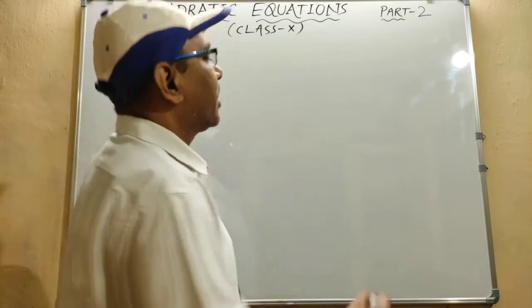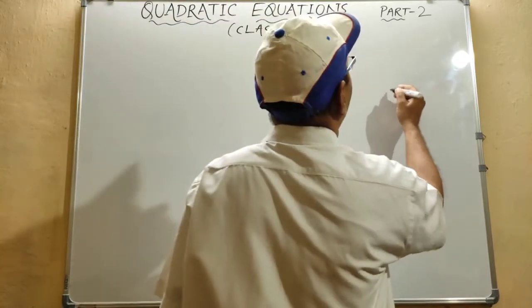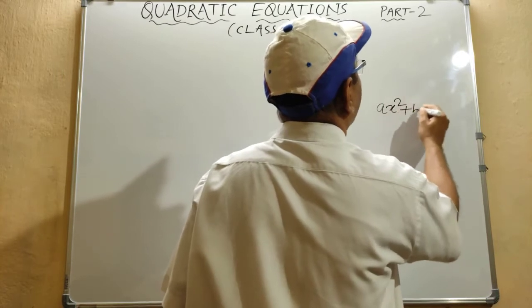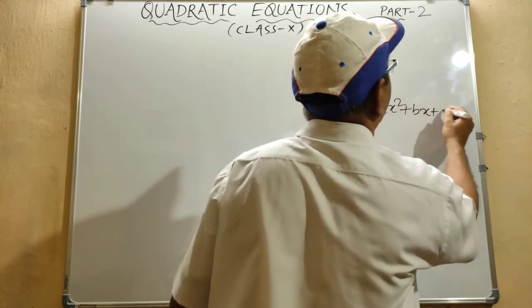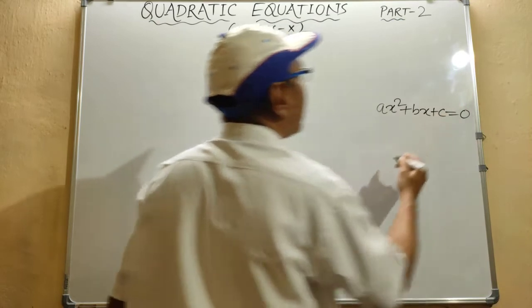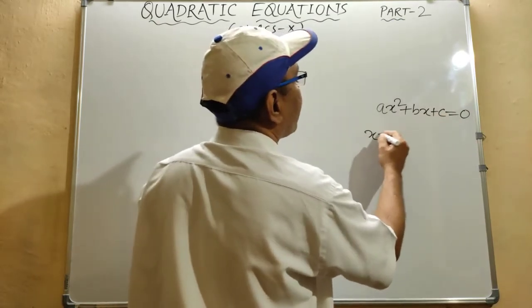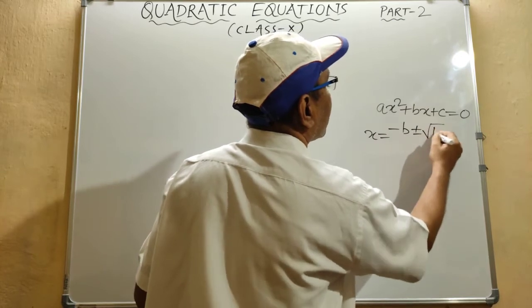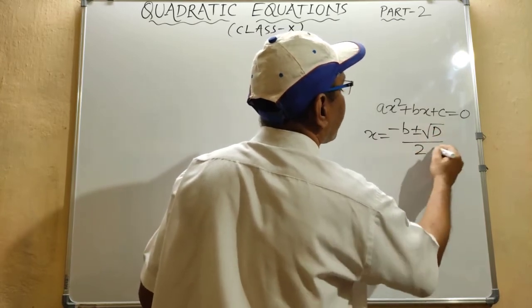Welcome, this is quadratic equation part 2. In the previous part we have seen that for the quadratic equation ax square plus bx plus c equal to 0, the values of x are minus b plus minus root d by 2a.